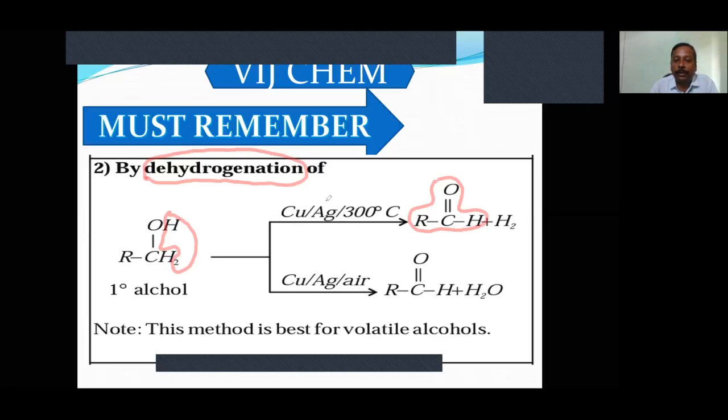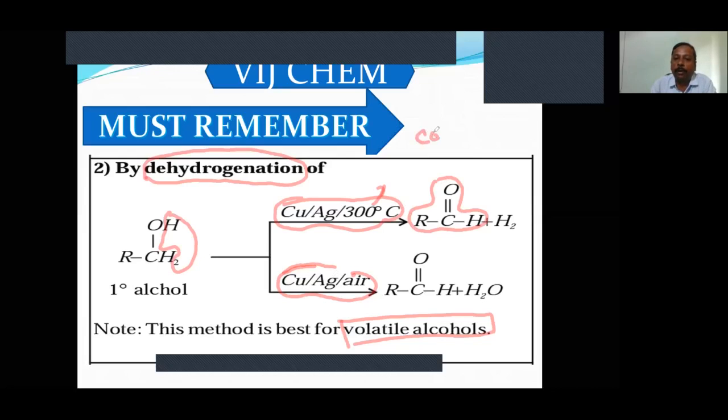For such dehydrogenation, the specialist reagents are copper and silver: copper or silver at 300 degrees Celsius, or copper or silver in air. This method is best for volatile alcohols, because air is also volatile, and the reaction will automatically be carried out. The first method is the partial oxidation.